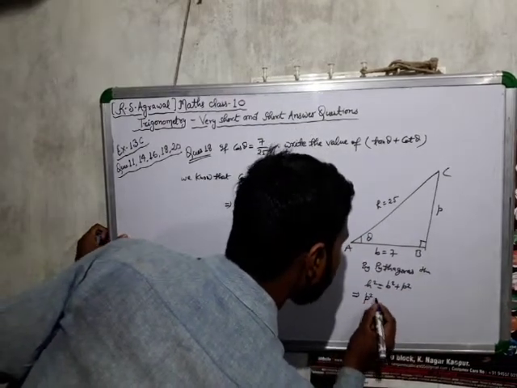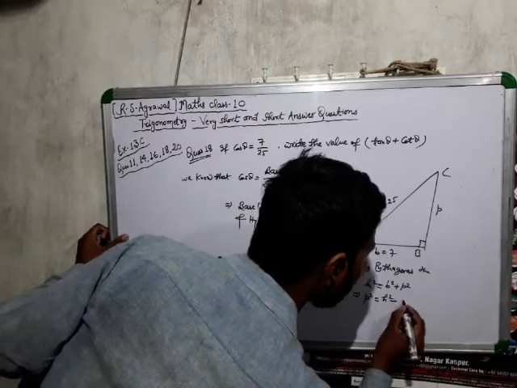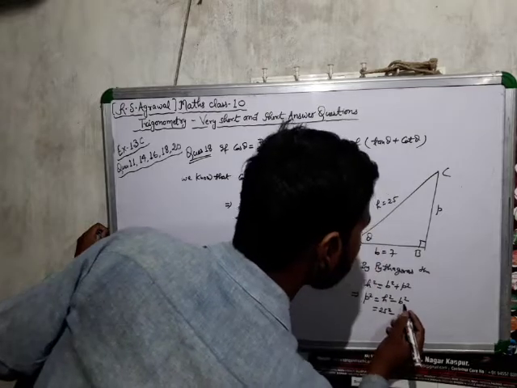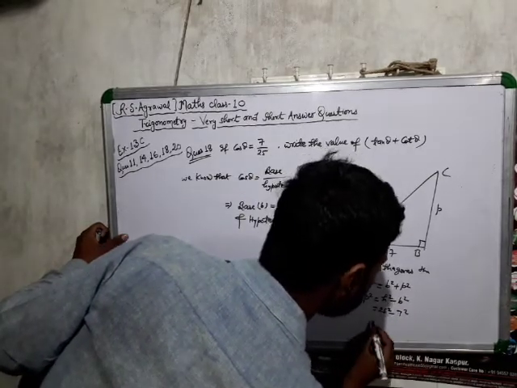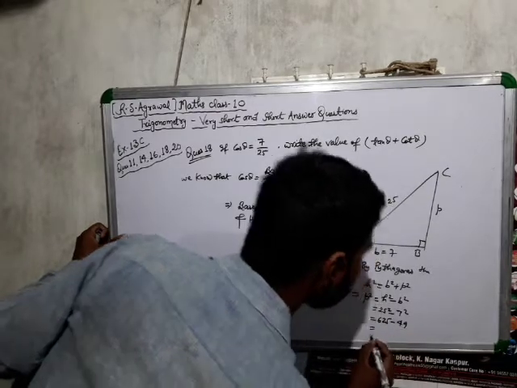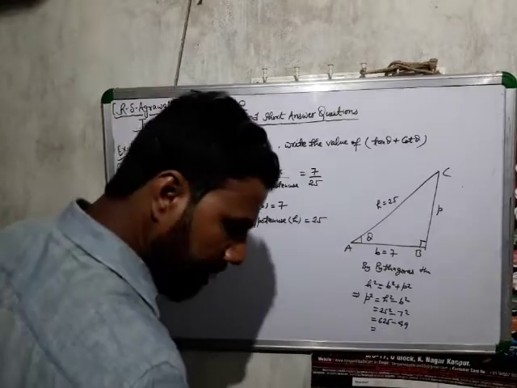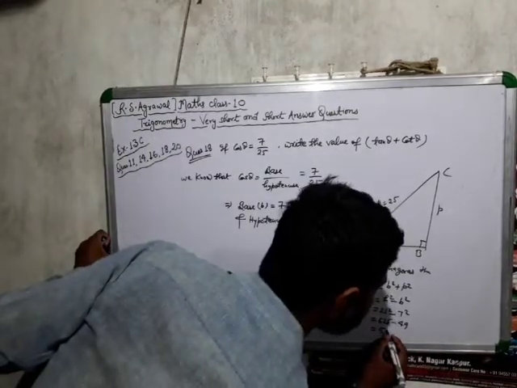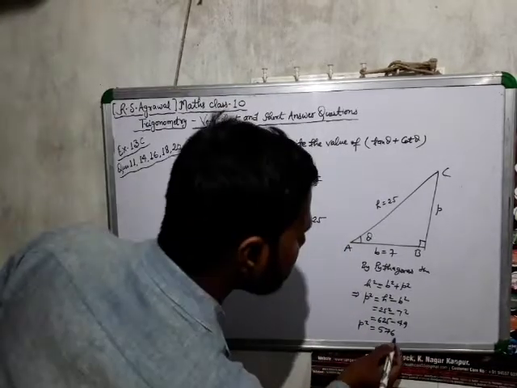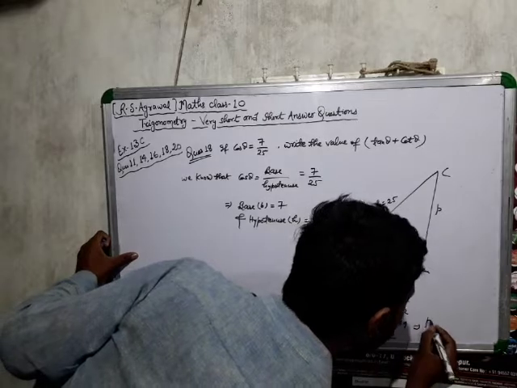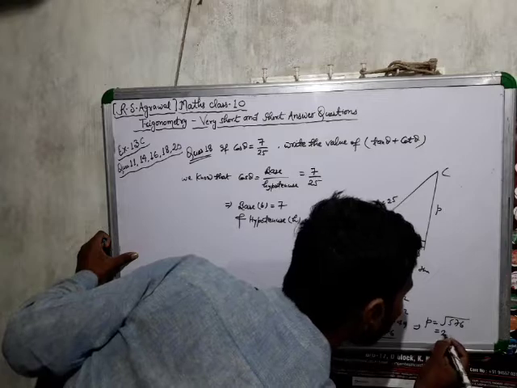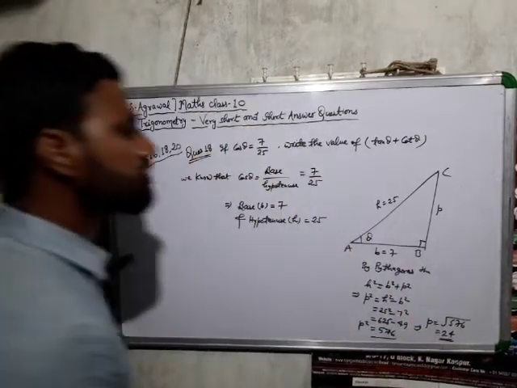This implies perpendicular square is equal to hypotenuse square minus base square, which is 25 square minus 7 square, which is 625 minus 49, which is 576. P square is equal to 576, which implies P is equal to under root 576, which is 24.